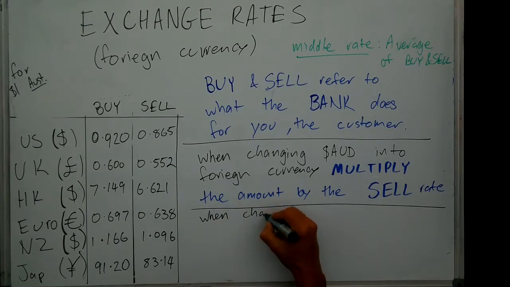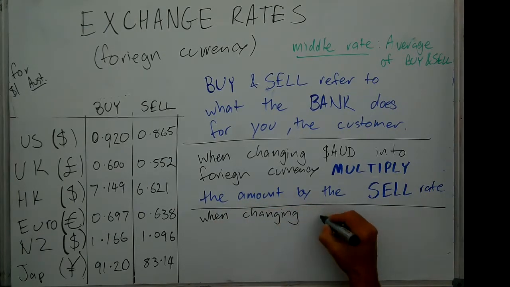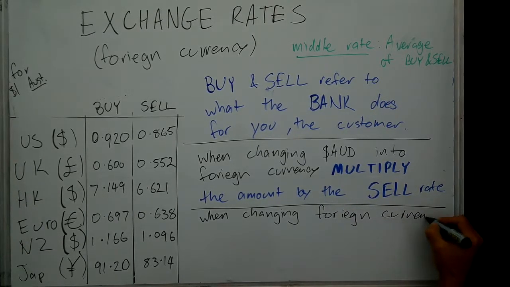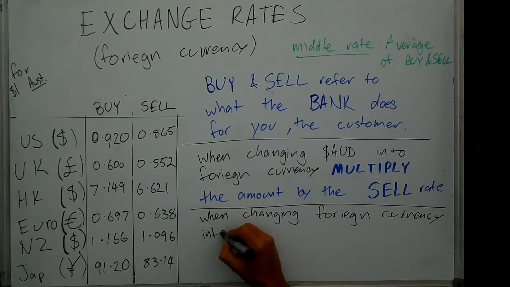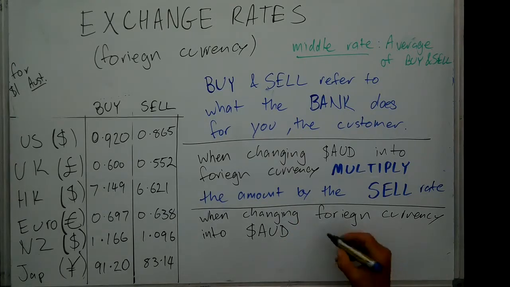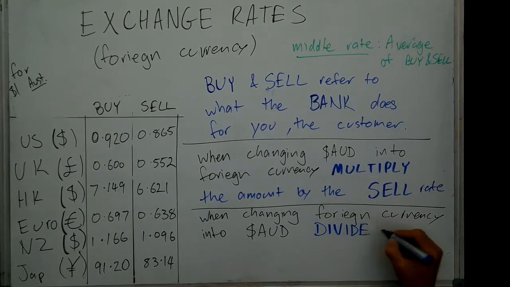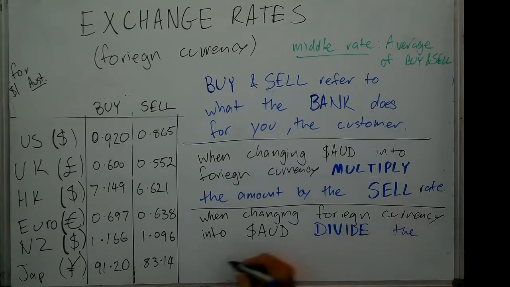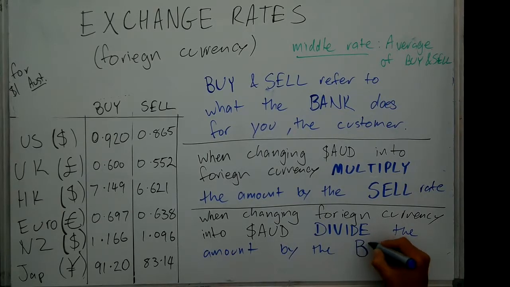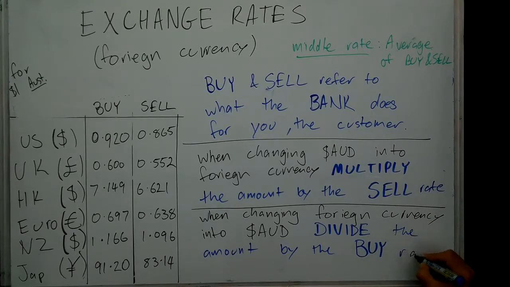And changing foreign currency into Australian dollars, then divide the amount by the buy rate.